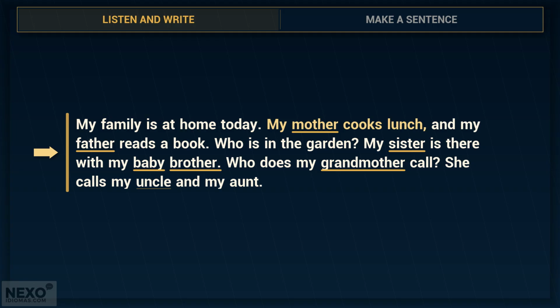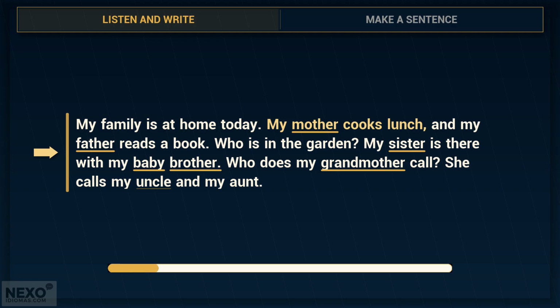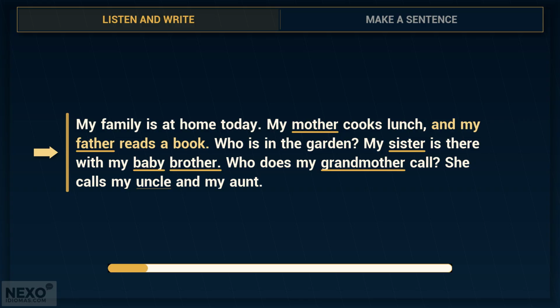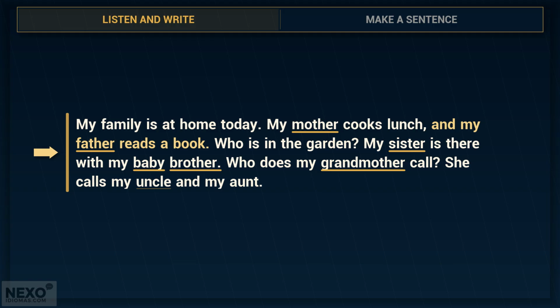My mother cooks lunch. And my father reads a book. Who is in the garden?